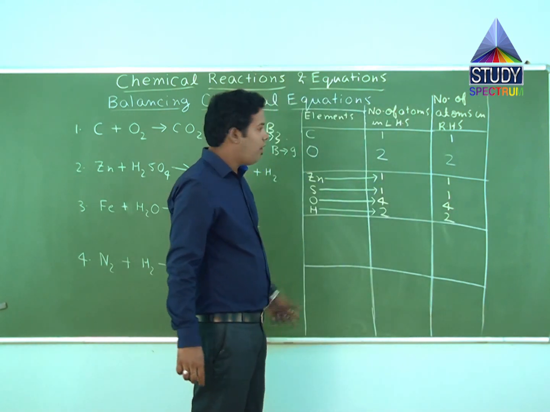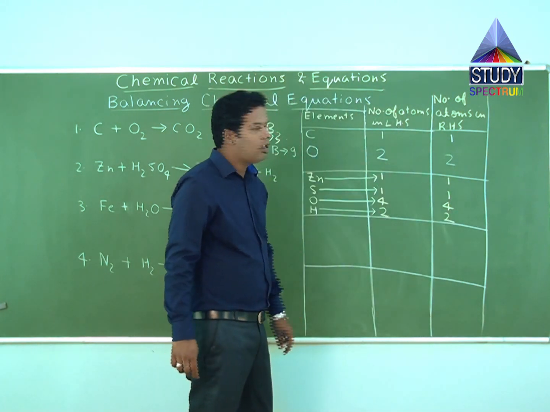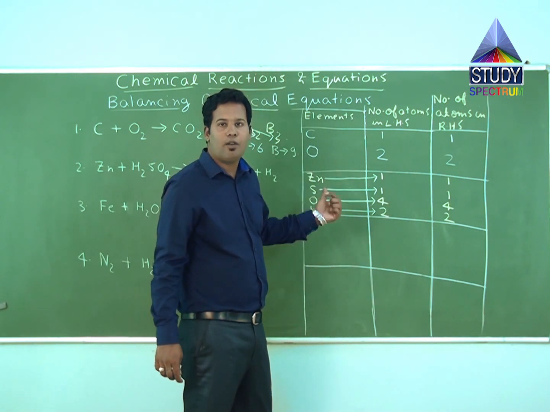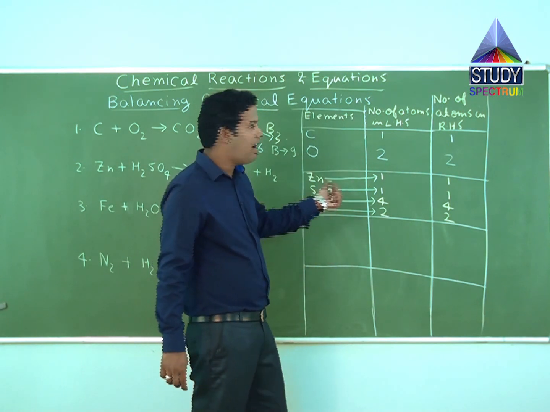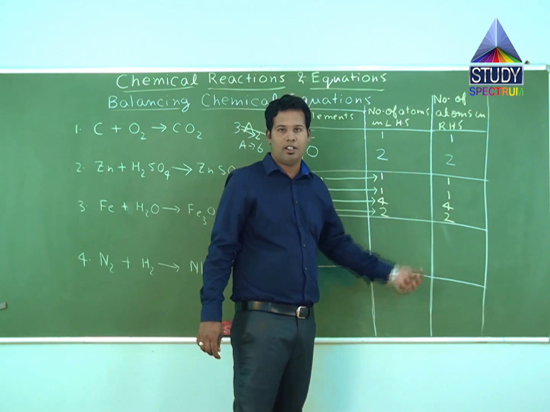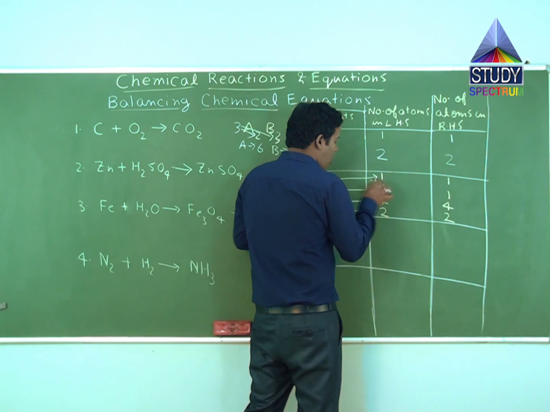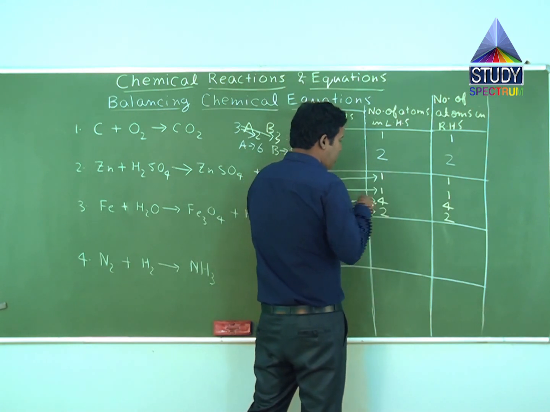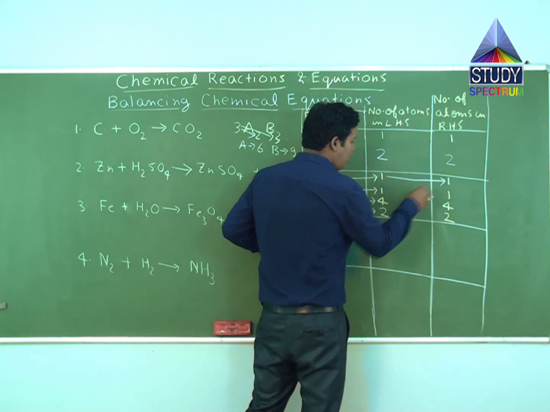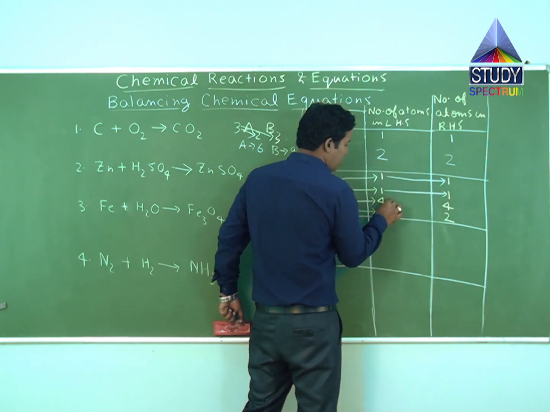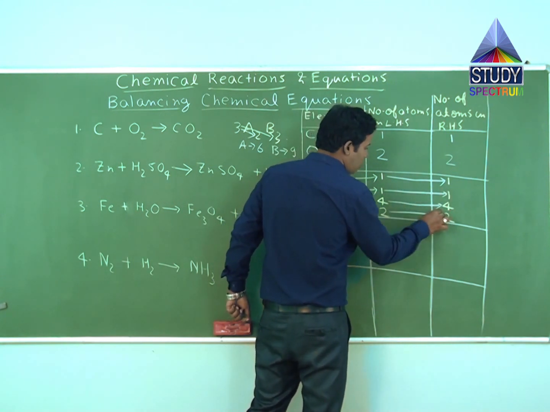Correct? Now if you see the second and third column, which is number of atoms of each element in LHS and number of atoms of each element in RHS, for this particular reaction it is coming out to be the same: 1, 1, 1, 1, 4, 4 and 2, 2.